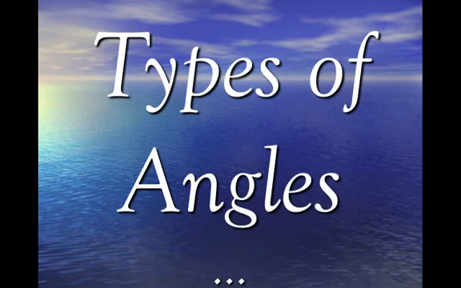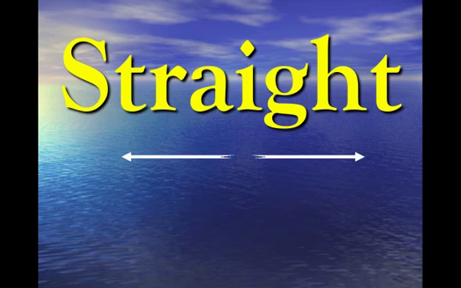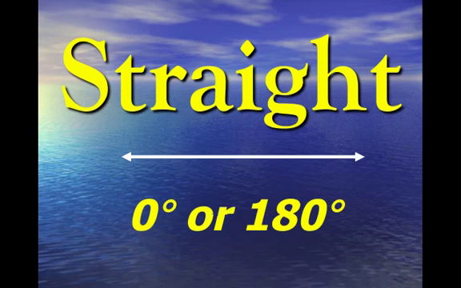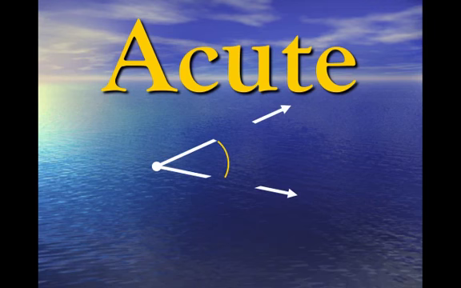Now, the types of angles that exist, and a lot of this is reviewed from elementary school. First, you've got your straight angles. A straight angle is an angle that measures 180 degrees, and the symbol used to represent it is simply a line. The next angle we have is an acute angle.